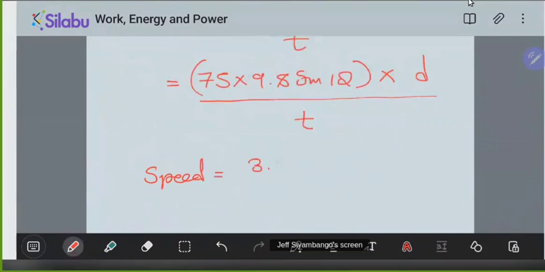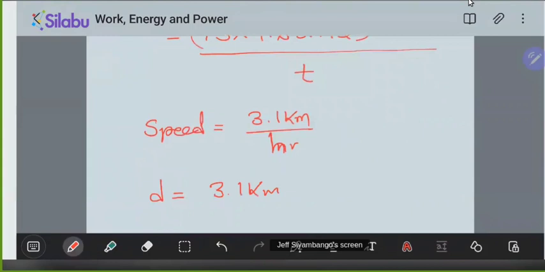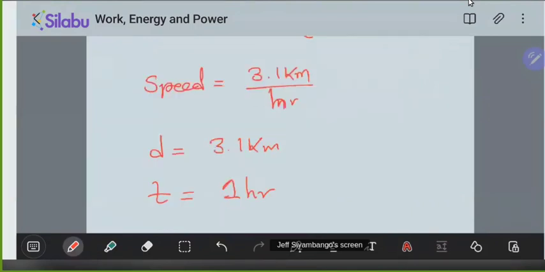From this speed, if the distance is 3.1 kilometers, then the time will be equal to 1 hour, since speed is distance over time.